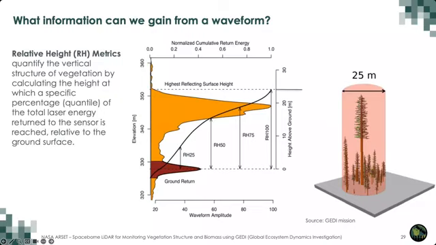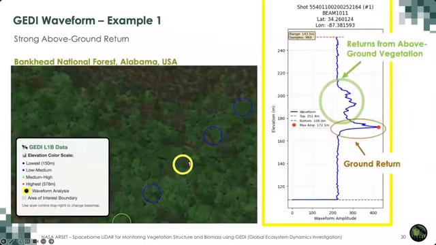So now let's take a tour of a real-world example, level 1B waveforms from JEDI that we will be looking at in more depth in the hands-on demo after this presentation. Here is an example of a waveform from JEDI's level 1B dataset plotted in Bankhead National Forest in Alabama.